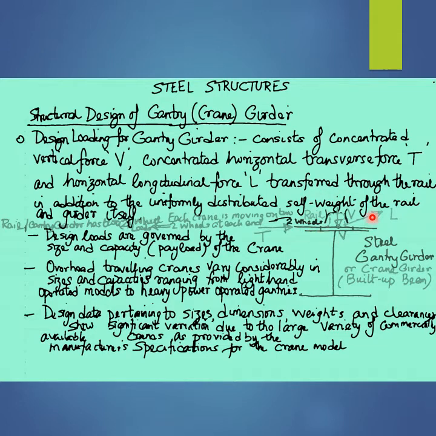and therefore one has to calculate the design loading that is induced by the overhead electric crane traveling on wheels that move on the rails installed on the top flange of each steel gantry girder or steel crane girder.